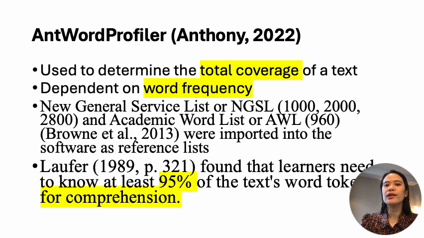There are other word list options, but I chose the NGSL or New General Service List and the academic word list in this study. I imported these lists into the software. To analyze the total coverage scores, I used Laufer's principle, where any text that is 95% or above is enough for comprehension.